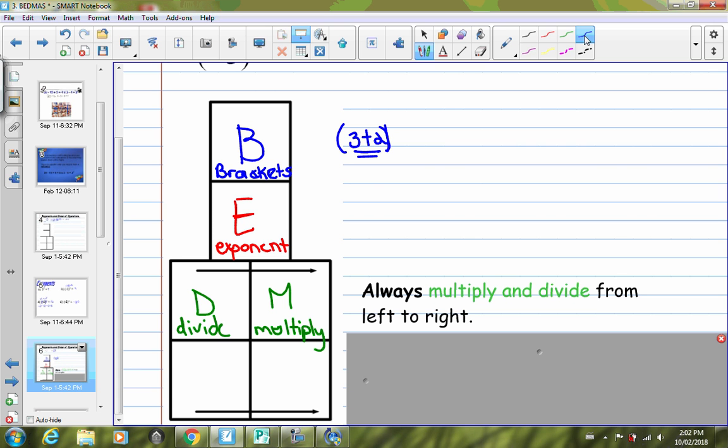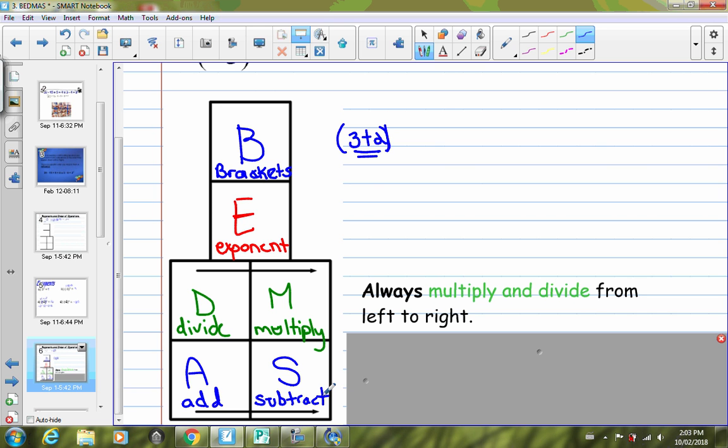And the final step is, the final two are A and S. Add and subtract.